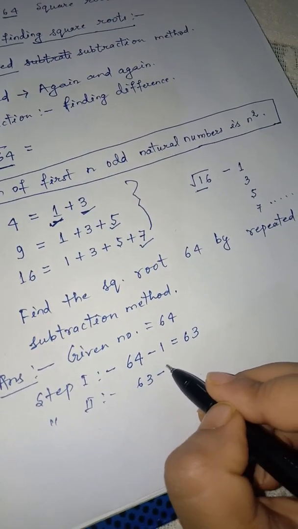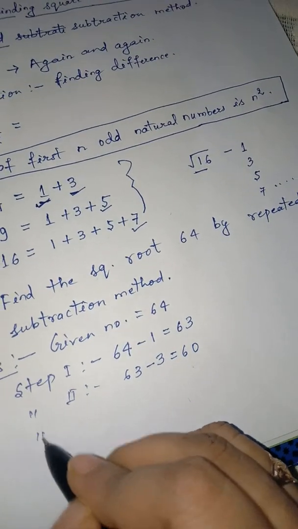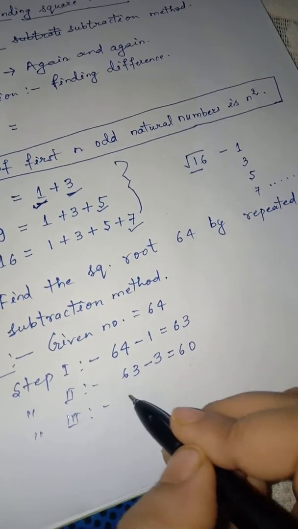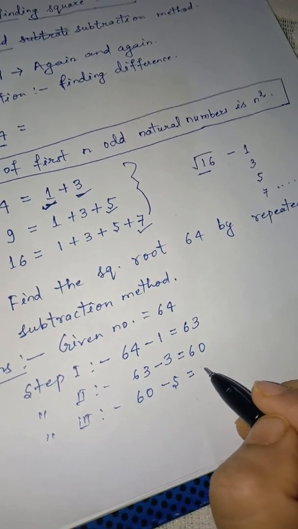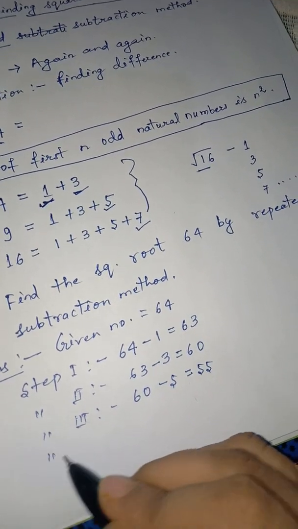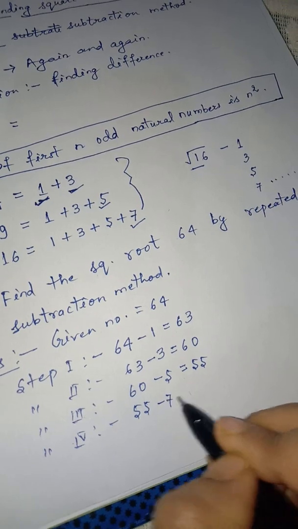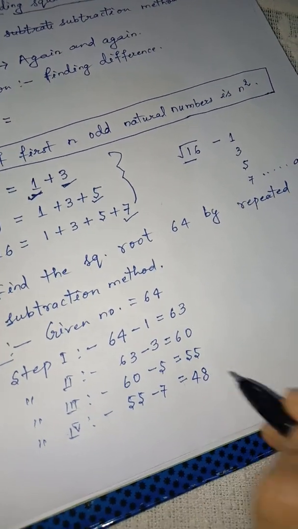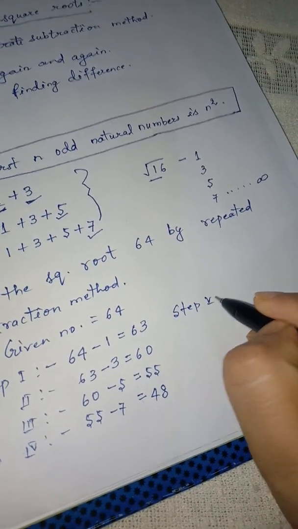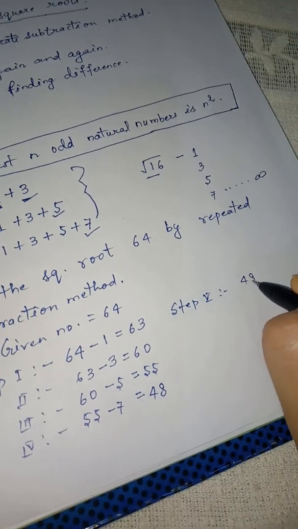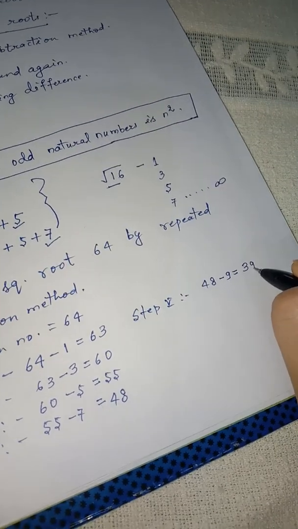So we take 3. 63 minus 3 is 60. In step 3, 60 minus 5 gives us 55. In step 4, 55 minus 7 gives us 48. In step 5, 48 minus 9 gives us 39.